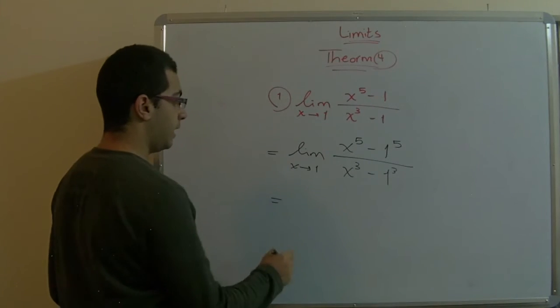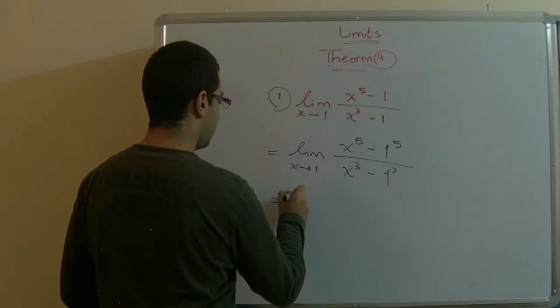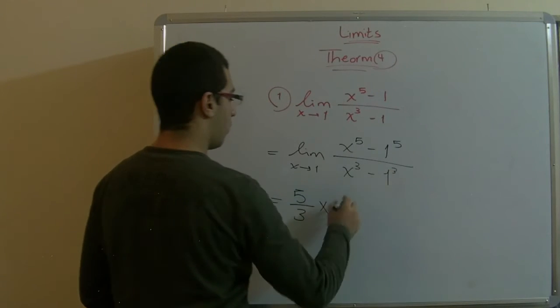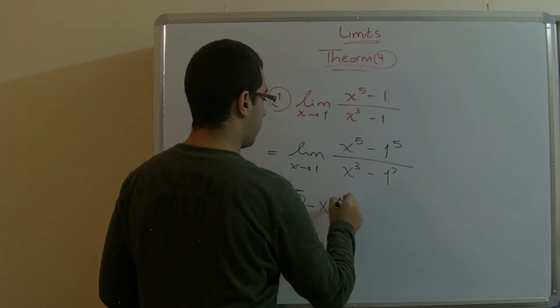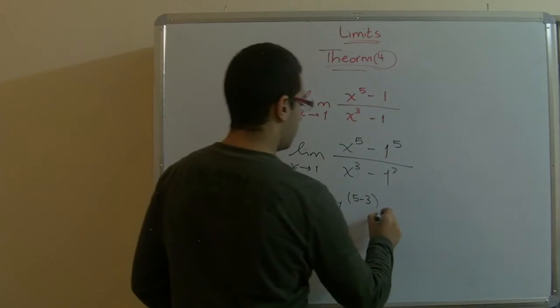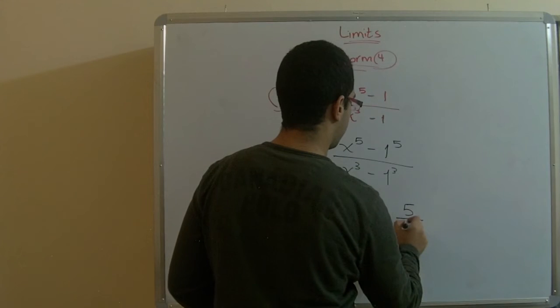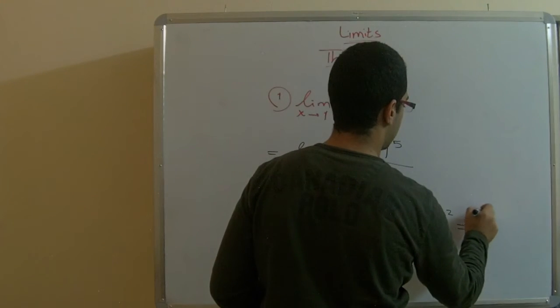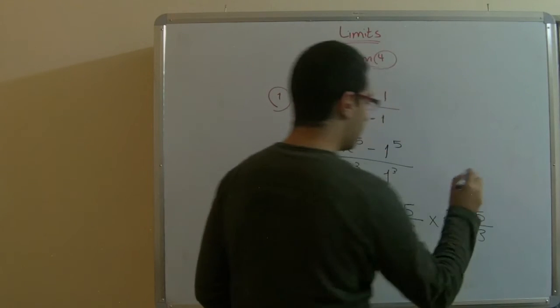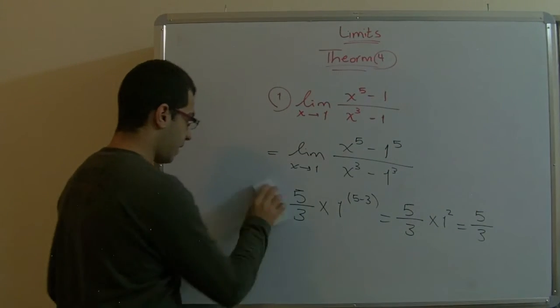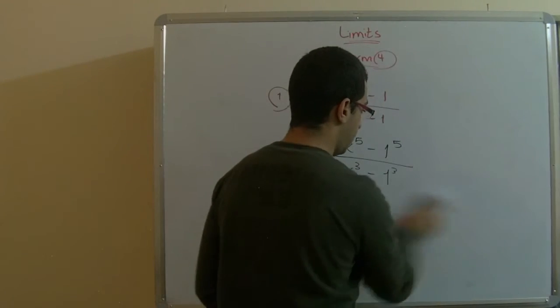So the answer will be 5 over 3 multiplied by 1 to the power 5 minus 3. In other words, 5 over 3 multiplied by 1 to the power 2 equals 5 over 3. So this is our first example. Let's see the second one.